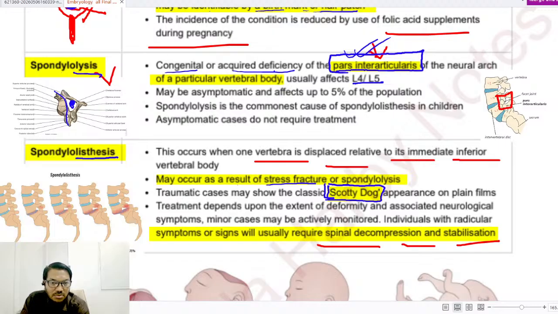Mostly it happens in the lower region, number 4, number 5, and usually requires spinal decompression and stabilization, mainly surgery.